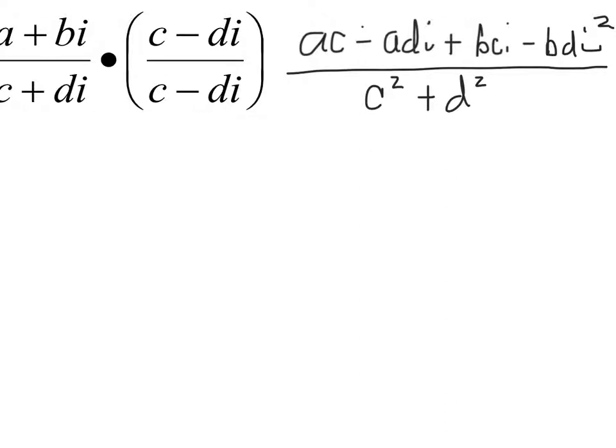And if you want to do all of those steps, then you go right ahead and knock yourself out. But if you can remember this shortcut, it's very easy and simple to remember, and it just makes it a little bit shorter to work out the problems. So C times C is C squared, D times D is D squared, and then you just put a plus in the middle, and that's it.